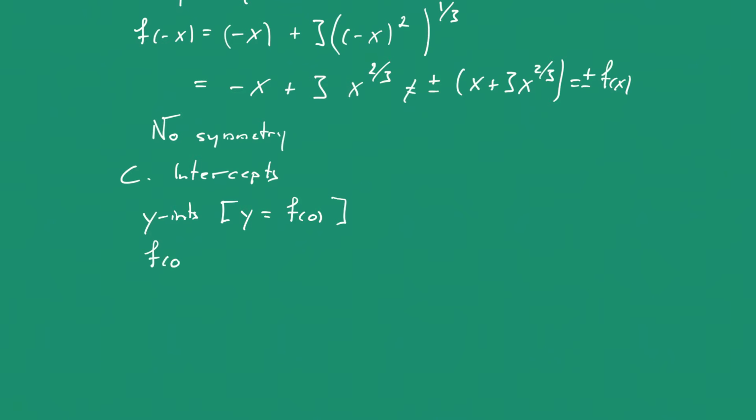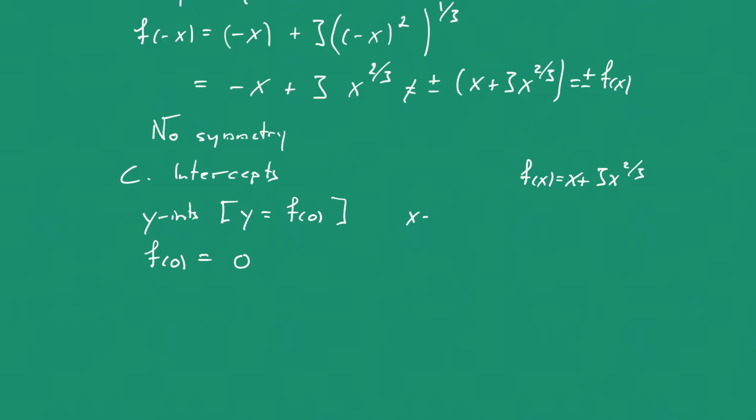And f(0), remember, let's write it again, f(x) is x plus 3x^(2/3). So f(0) is equal to 0 plus 3 times 0^(2/3), which is just 0. Okay, so our y-intercept happens at the origin. Put that on in a moment.